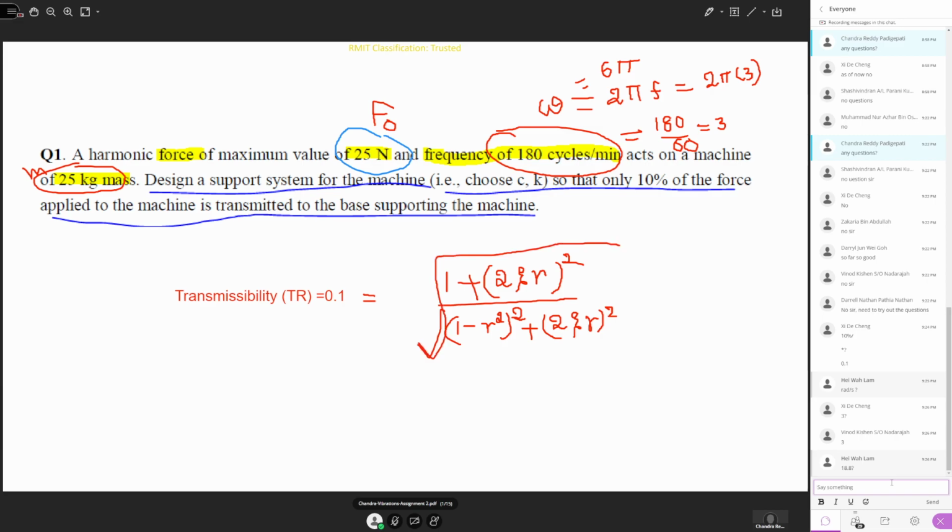So r is equal to omega over omega n. So can you calculate omega n? Omega n will be square root of k by m. So can you calculate omega n and then r? Let me know.